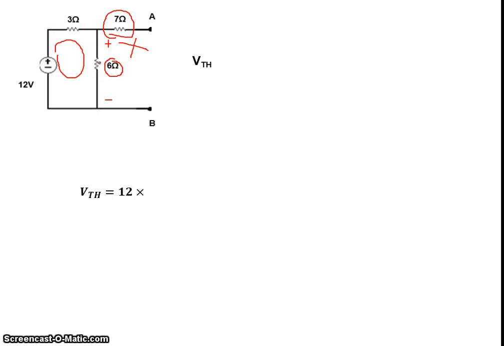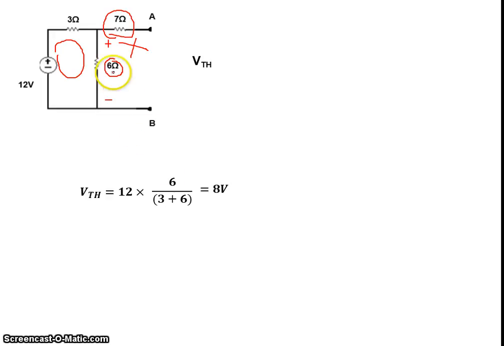So VTH will be equal to the total voltage, that is 12 volt, multiplied with 6 ohm divided by the sum of the two resistors, that is 3 plus 6. So you get the answer equal to 8 volts.